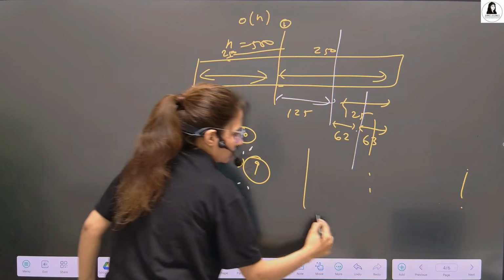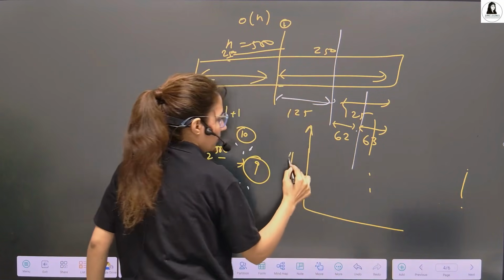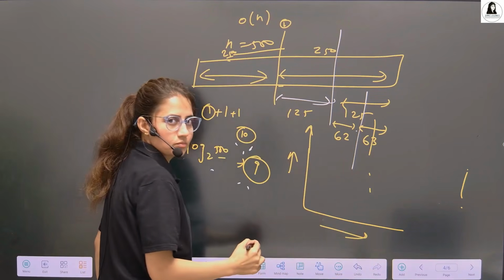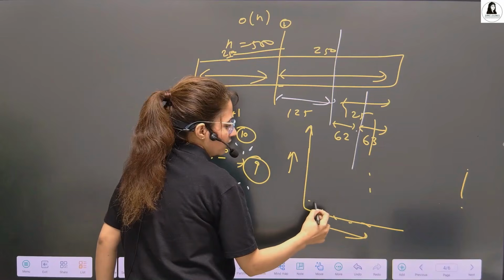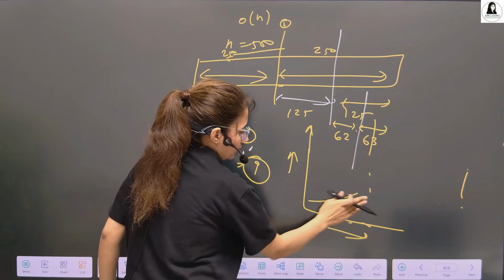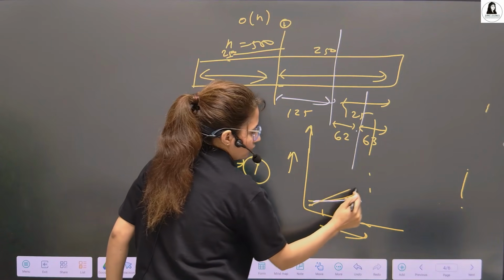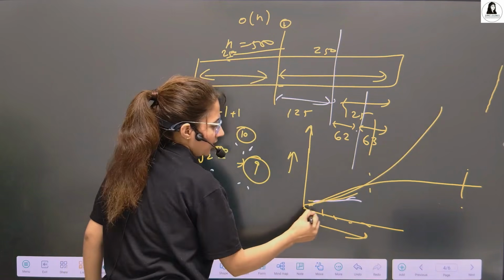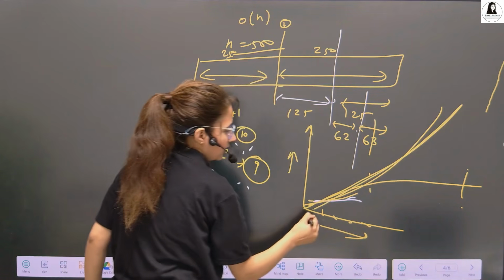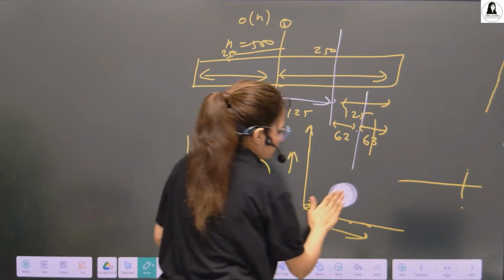Like this graph, the time complexity graph: number of comparisons, number of operations, against the input size. So how is this going? It's basically something like this. Sorry, it's logarithmic, so it's something like this. Linear is a line, something like this. Let me just draw this again.